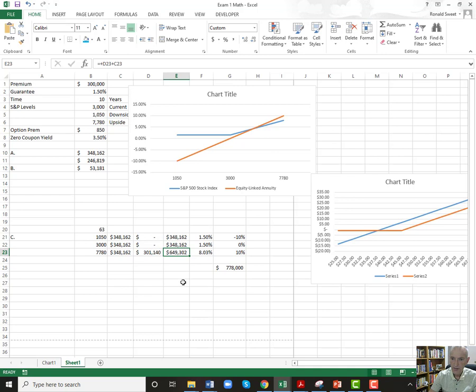Instead, it's only worth $649,000. So I'm giving up over $100,000 by getting this protection on the downside. But it's kind of nice to have $348,000 instead of $105,000 on the downside.